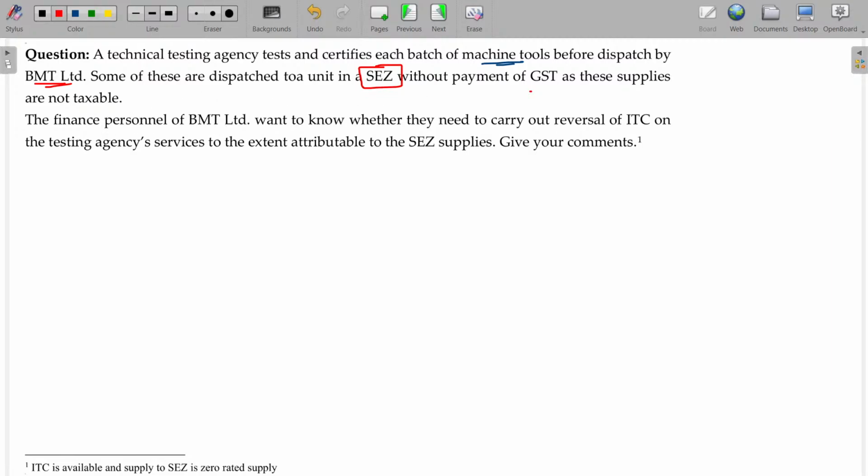The finance personnel of BMT Limited want to know whether they need to carry out reversal of ITC on the testing agency services to the extent attributable to these supplies. For such supply, no, it is zero rated. In case of zero rated, it can be availed, no problem. Exempted and nil rated, not available.